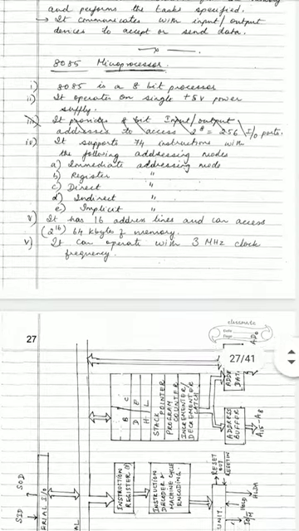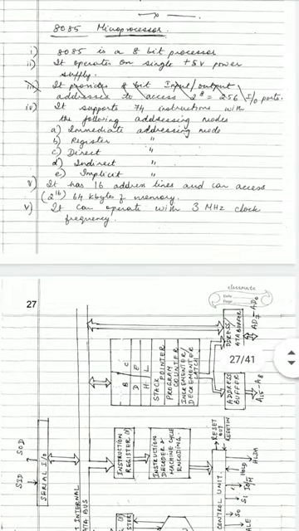We'll see. The 8085 microprocessor is an 8-bit processor. See, an 8-bit processor means it accepts and processes 8-bit information. So I'll show you.